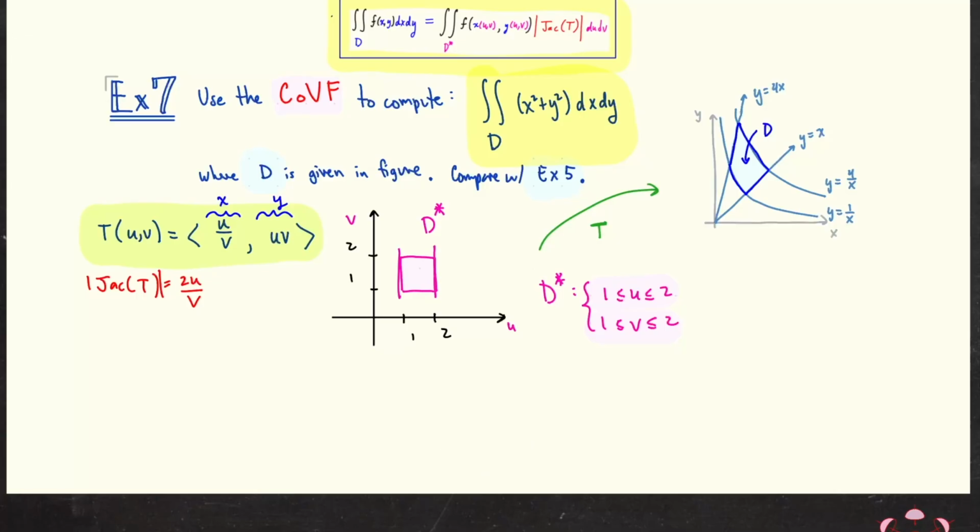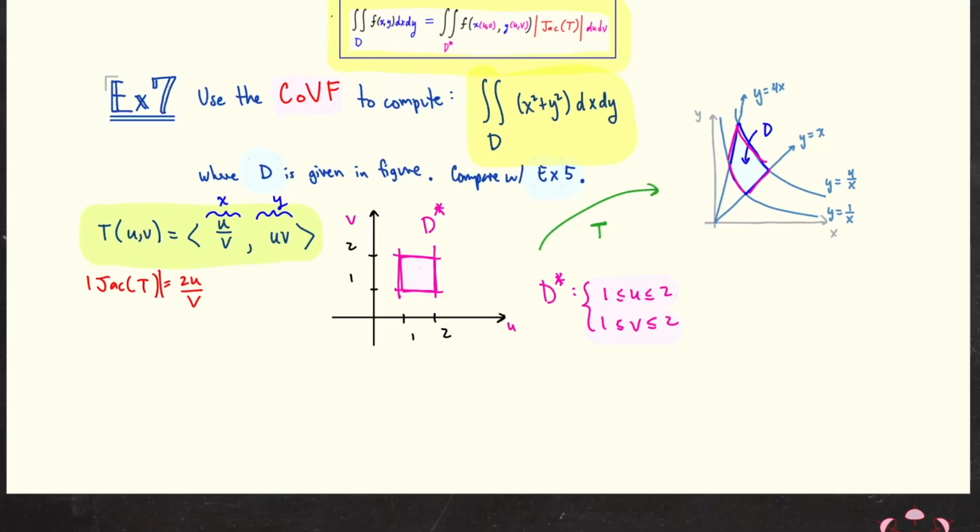These lines get sent over to, I can't remember, let's see, I think it was the hyperbolas. And then the v equals 1 and v equals 2 get sent to the straight lines over here. Okay, and we actually got the 4s because the formulas had a u squared and a v squared.